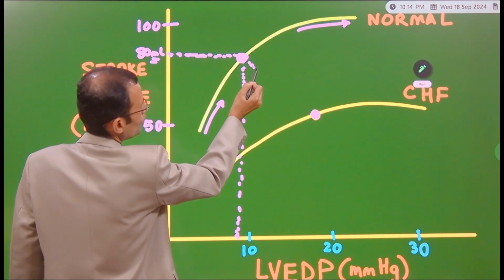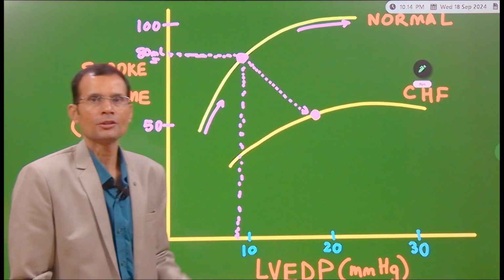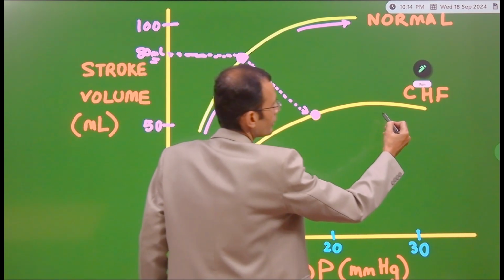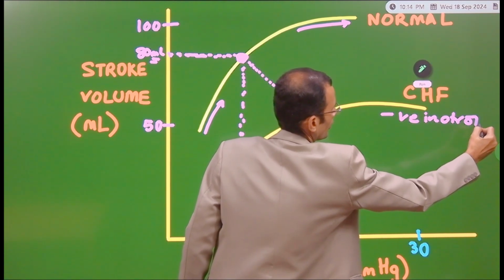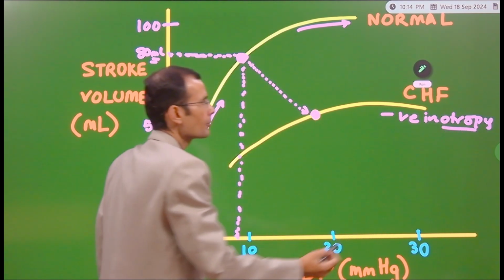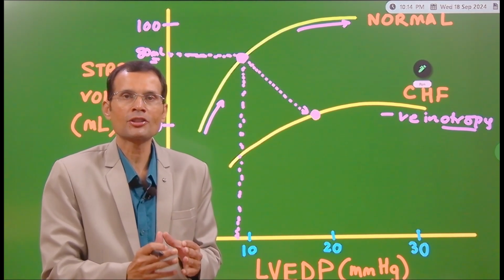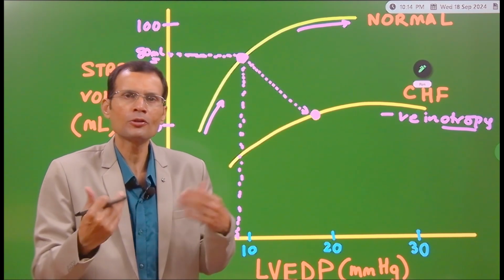This is the mean point of this curve. So first note, the curve has shifted rightward and downward in heart failure. So this is also called negative inotropy. What is inotropy? Myocardial contractility, strength of contraction of the heart, strength of contraction of the myocardium, which is what we are talking about.